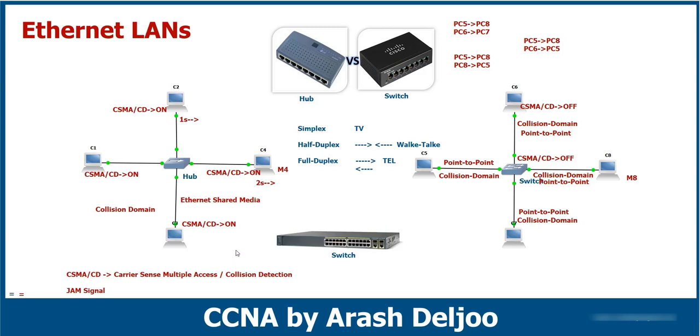Let me review. A device with a frame to send, for example C2, listens until the Ethernet is not busy. This is the first step. The second step: when the Ethernet is not busy, the sender begins sending the frame. After that, the sender listens while sending to discover whether a collision occurs.